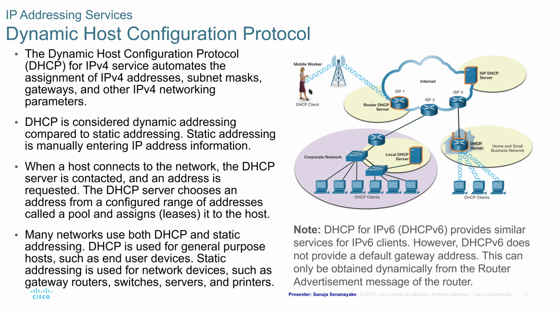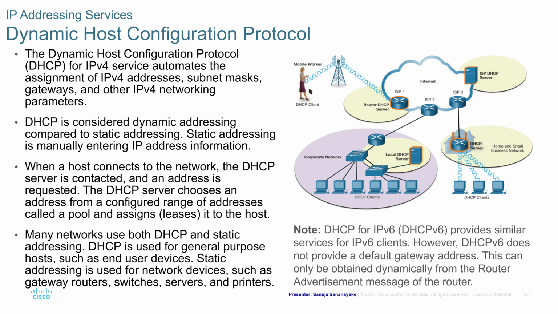So what makes it dynamic is that if you have a device, especially cell phones and mobile devices, it can just connect to your Wi-Fi network after entering the proper credentials, and it will automatically receive a DHCP IP address because it is dynamically assigned, and the user doesn't have to configure any static IP addresses or a default gateway, subnet mask, etc. When a host connects to a network, the DHCP server is contacted and the address is requested.